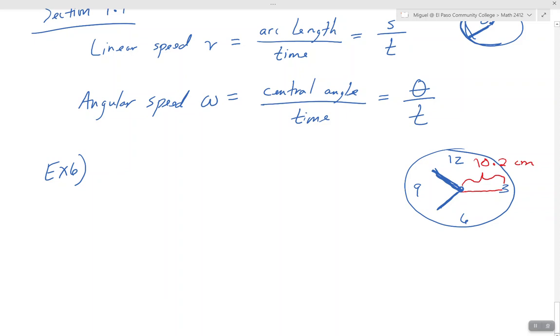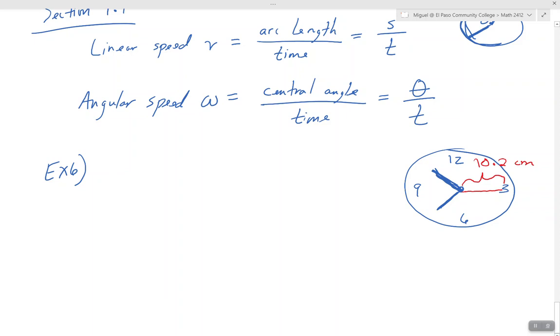So in one revolution, how far does it travel? Okay, yeah.